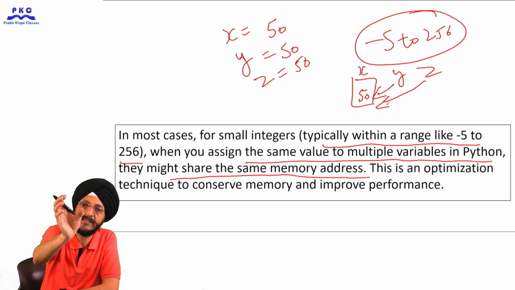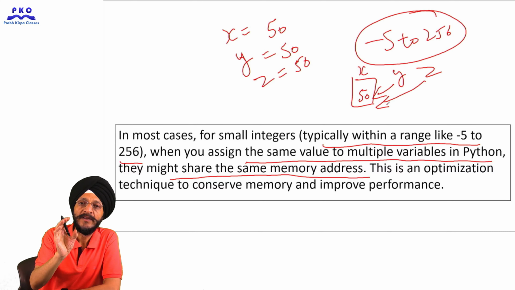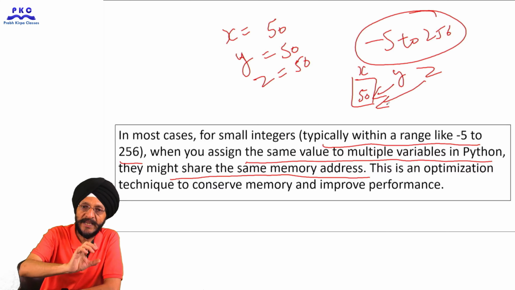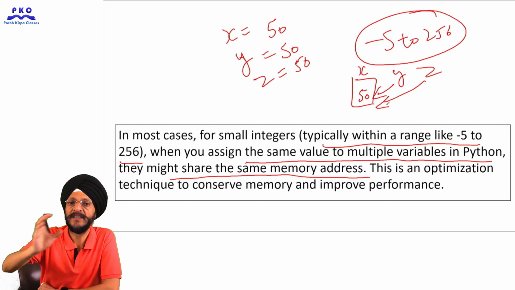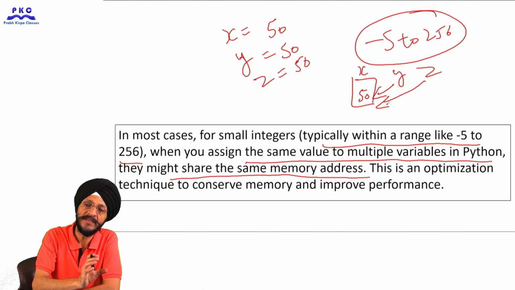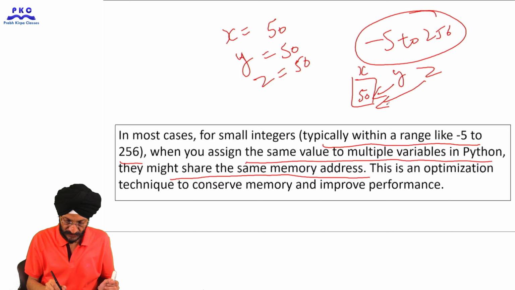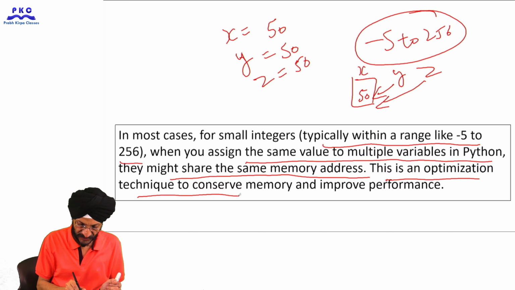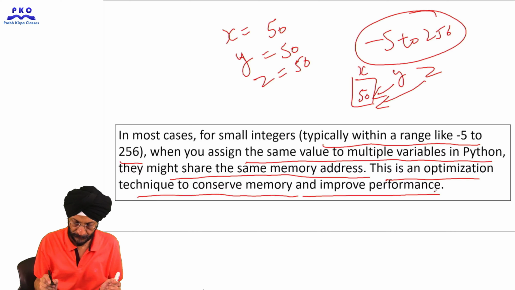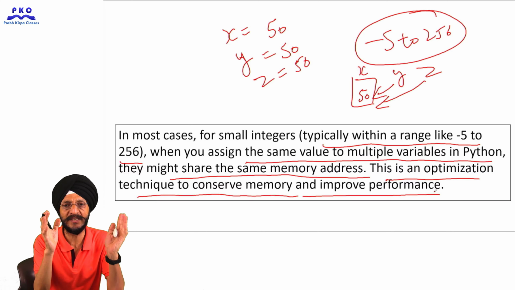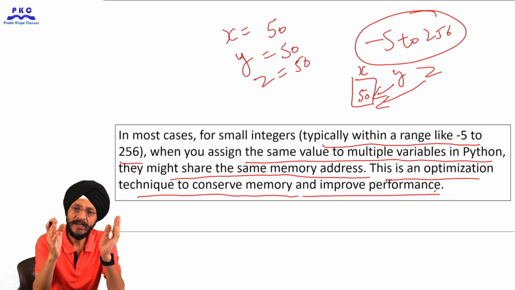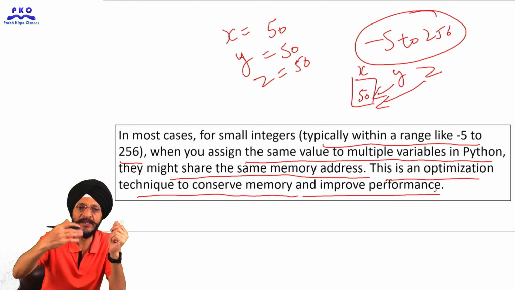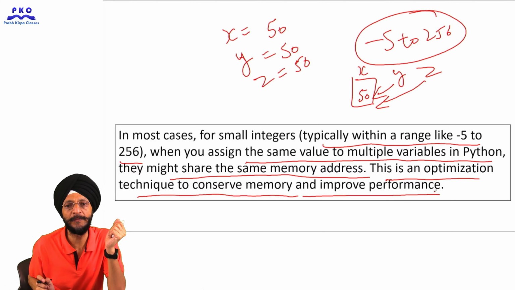The memory address of the 50 object will be the same for x, y, and z because data type is same, data is same, memory address will be the same. This is an optimization technique of Python to conserve memory and improve performance.